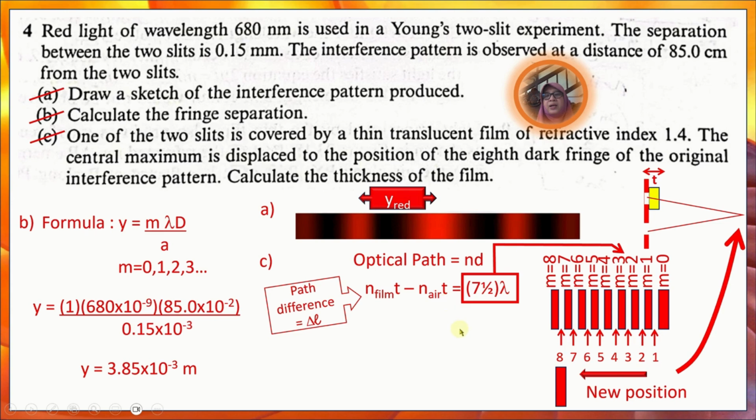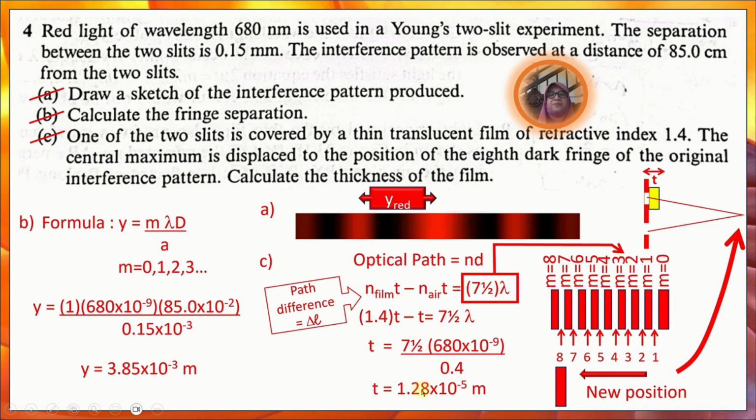We substitute the refractive index of the film, 1.4t minus n air, which is 1, times t, equals 7.5 lambda, and we solve for t. We substitute lambda, 680 nanometer, convert to meter, and the refractive index 1.4 minus 1, so we get 0.4. The answer: the thickness of the film is 1.28 times 10 to the power of negative 5 meter. That's the answer for question 4.